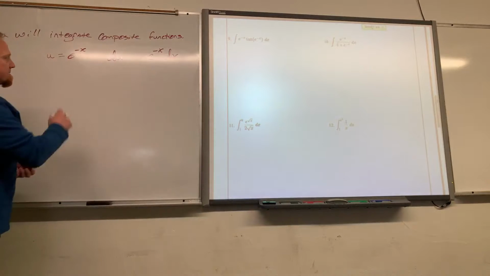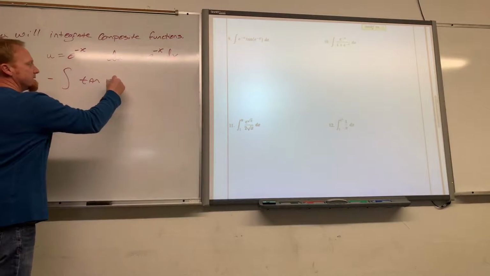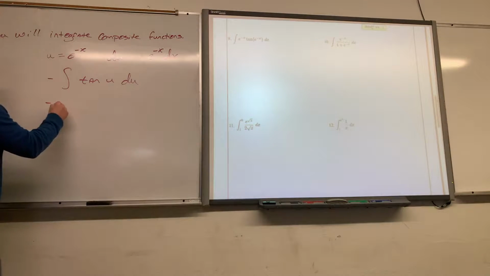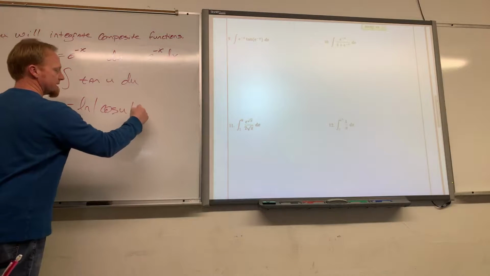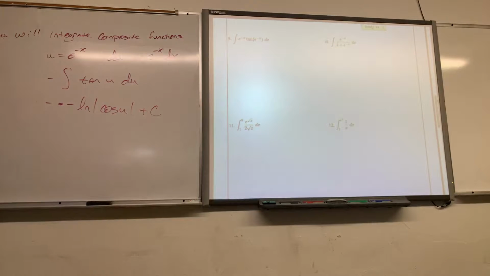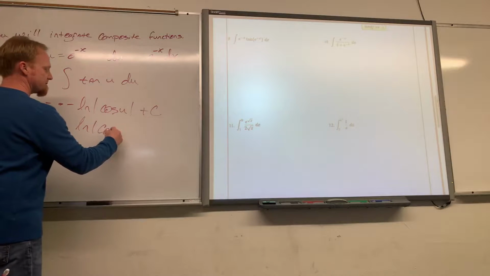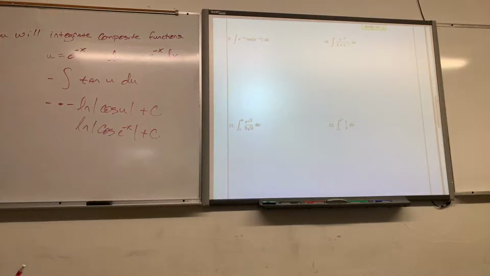I just need to take care of the negative. So I get a negative there, and then we have tangent of u du, which we learned the other day is a negative natural log absolute value cosine plus c. So my negatives cancel here. Natural log absolute value cosine e to the negative x plus c.